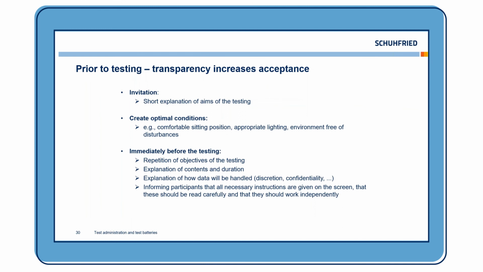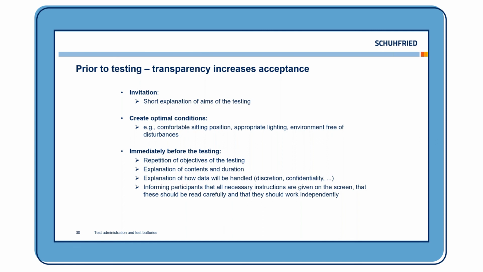And of course, not only settings within the Vienna test systems are important for the testing, but also further factors. And the golden rule here is that transparency increases acceptance. That's why we recommend that already when inviting the participants, you should give a short explanation of the aims of the testing.